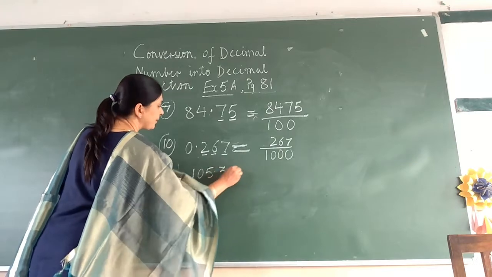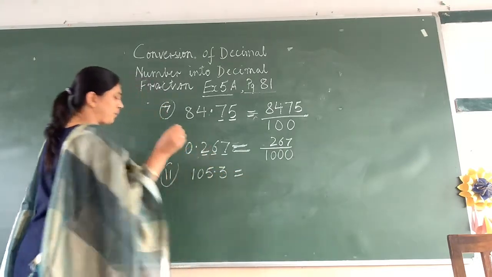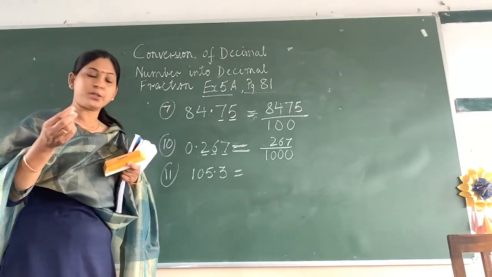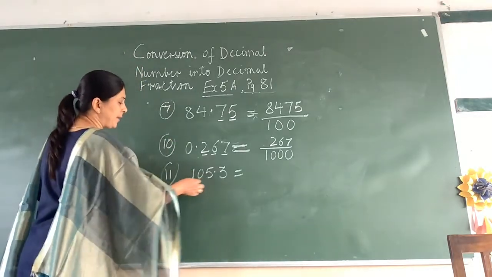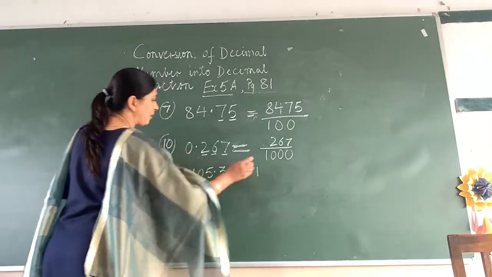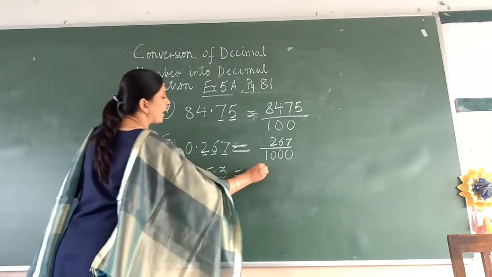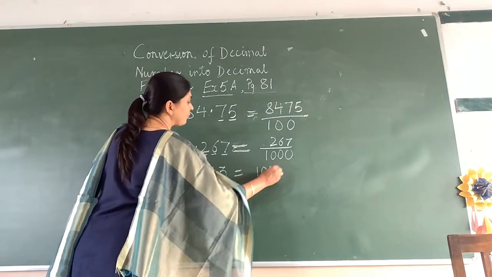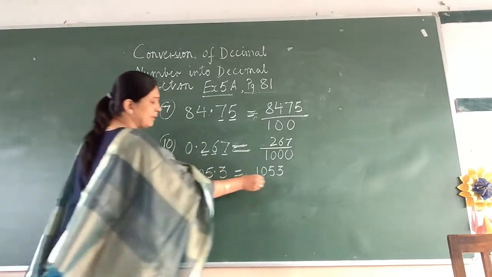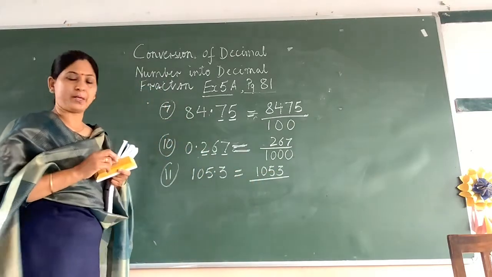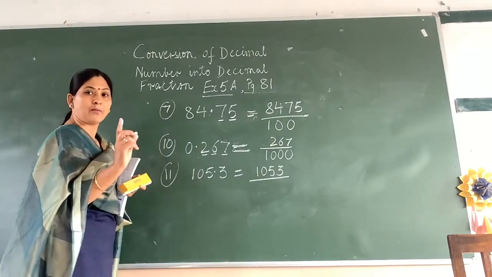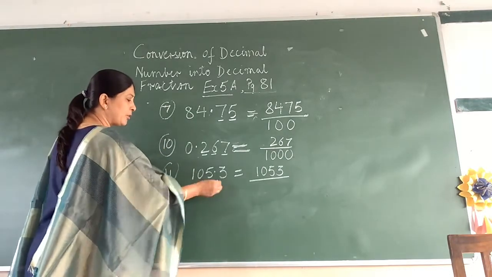105.3. Now, let's change this decimal number into a decimal fraction. Children, we will write this number without the decimal point. What will our numerator be? 1053. If we write this number without the decimal point, it will become our numerator, 1053. Now, how many digits are there after decimal point in 105.3?